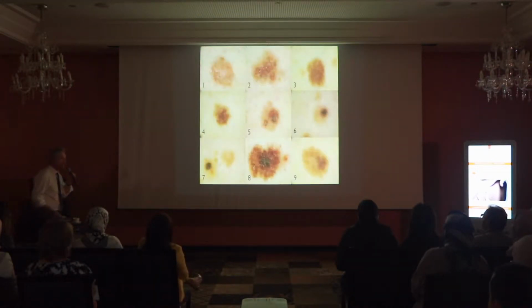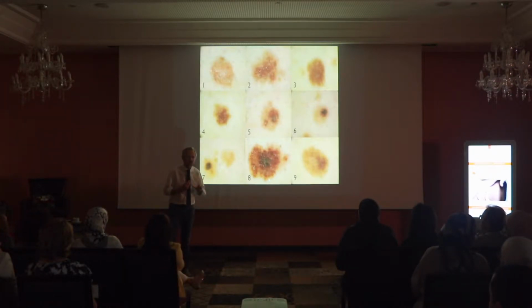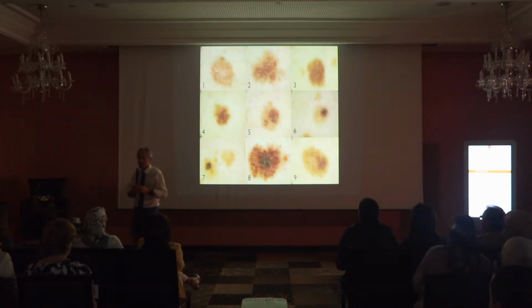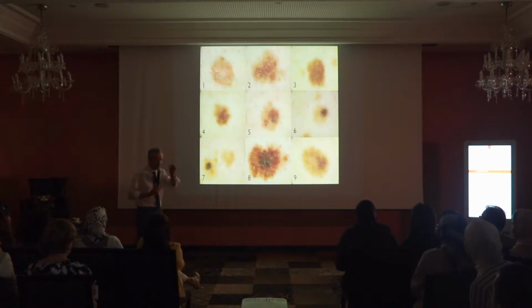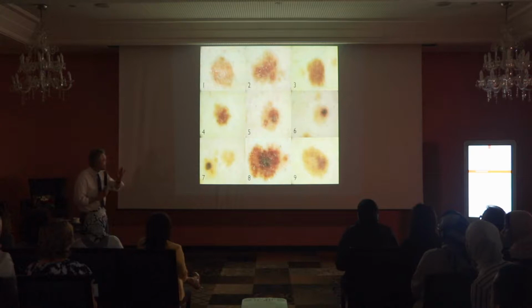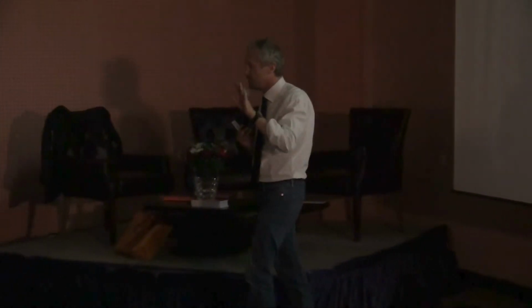6. So tell me if you think there is a lesion to be removed. If there is a lesion to be removed, write down the number. If you don't think we have to remove something, you write down 0. This is a patient with multiple nevi.